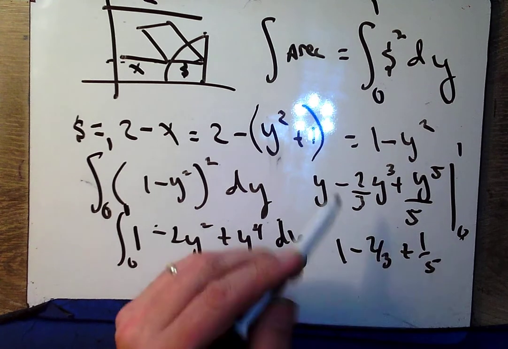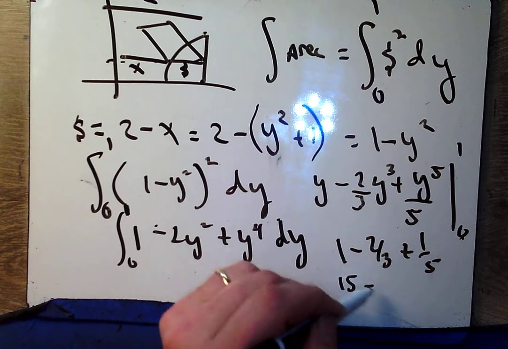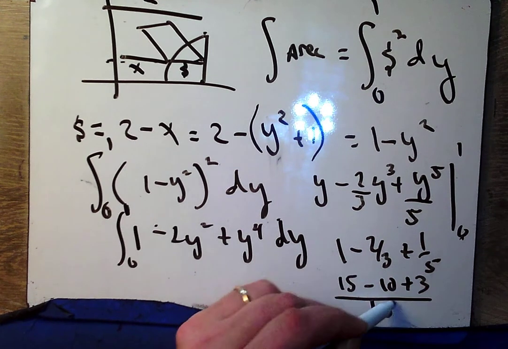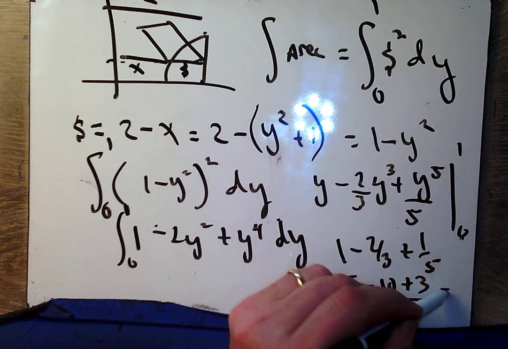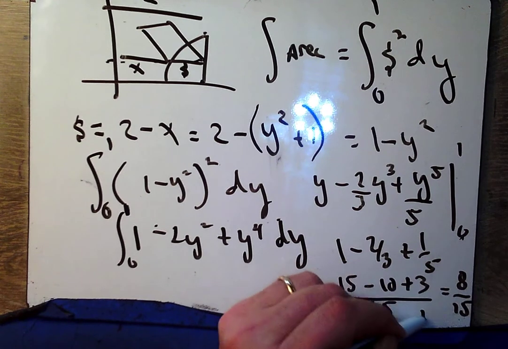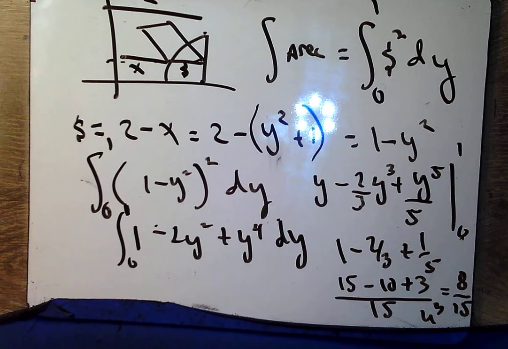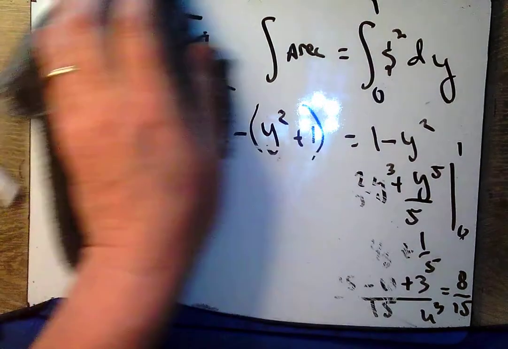Okay, make a common denominator of 15ths. And I end up with 8 over 15 units cubed. Alrighty, that's 8. What about 9?